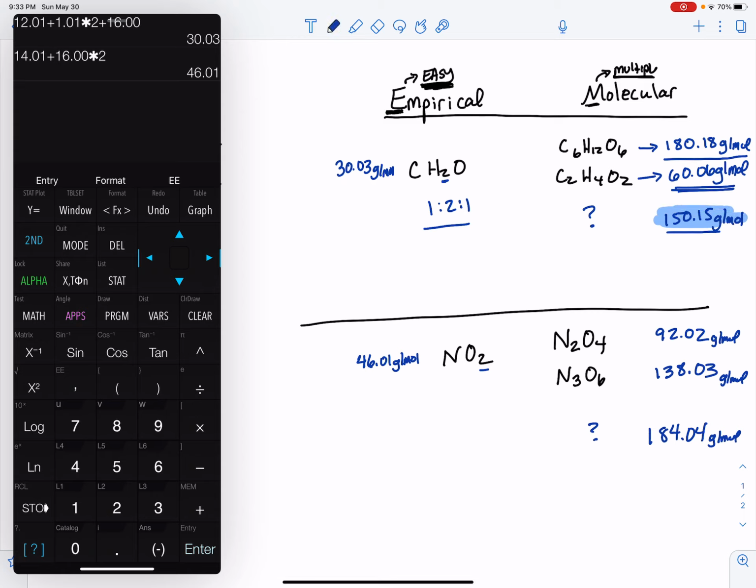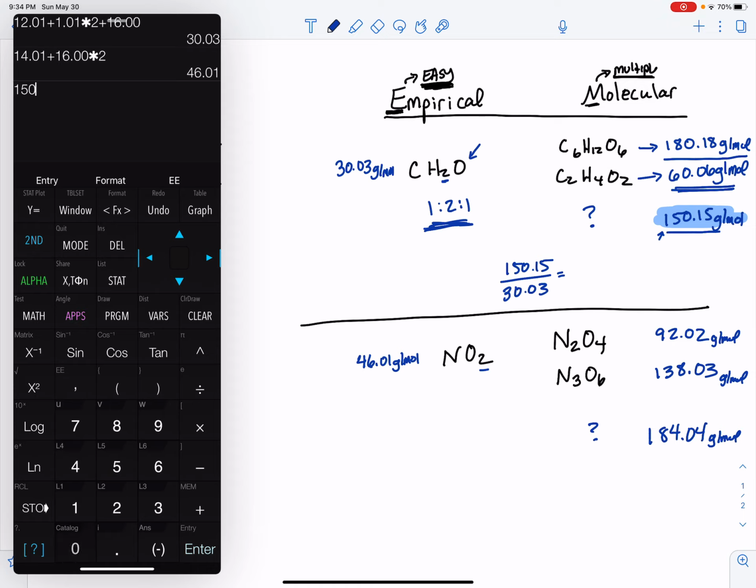To find out the formula, so you already know that it's this. You already know what the ratio is, so that means you know the empirical formula. To find out the formula for what you did make, it's really easy. You take the big number, which is this one, 150.15. You divide it by the little number, 30.03, and that will tell you how many more atoms there are.